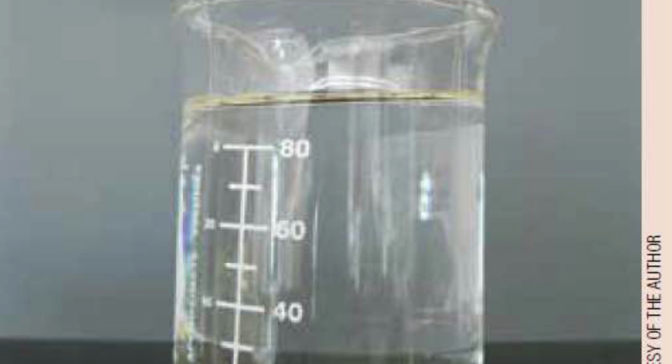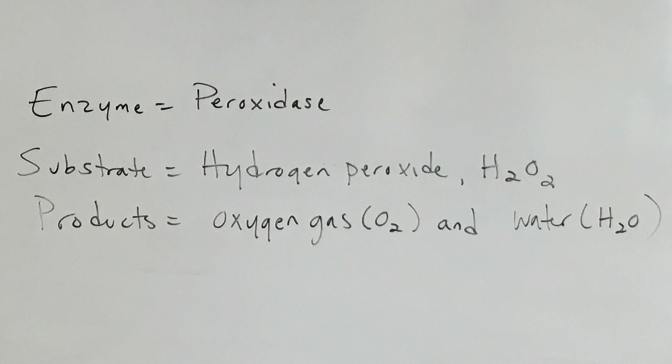Alright? So the enzyme in this case is the peroxidase. Then the substrate is the hydrogen peroxide, and the products are oxygen gas and water. Substrate is the thing that reacts with the enzyme. The product is what you get after the reaction between the substrate and the enzyme.